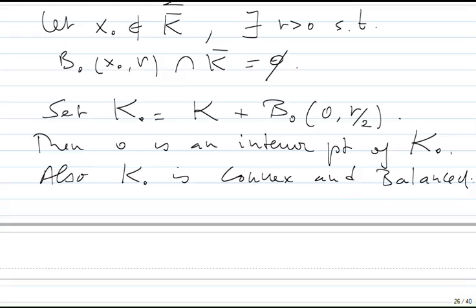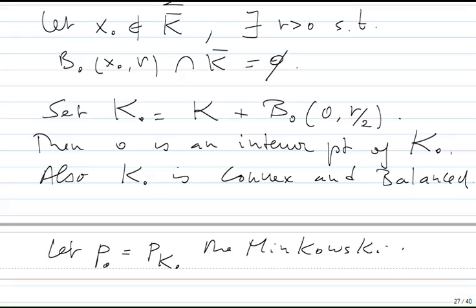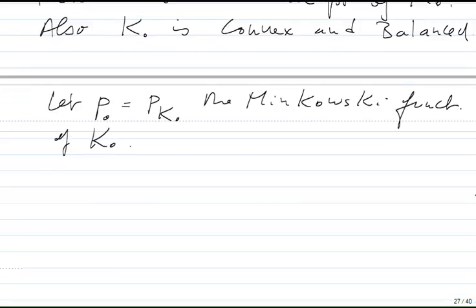Let P0 be the Minkowski functional of K0. Clearly, P0 is a semi-norm.